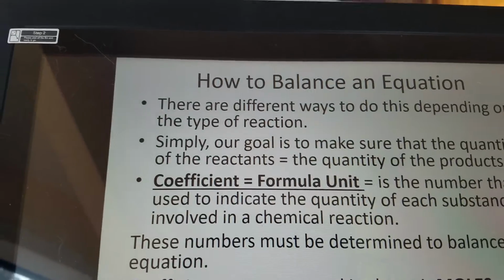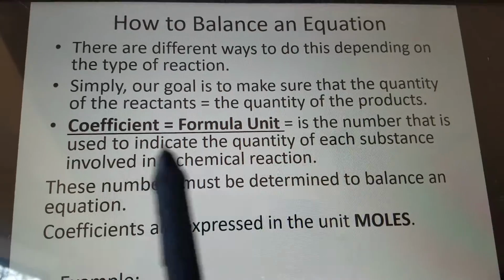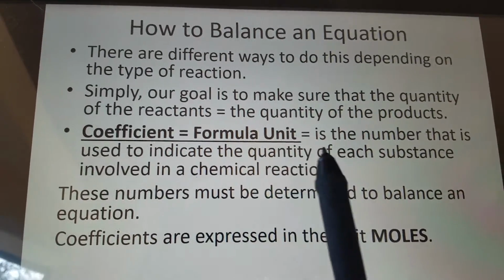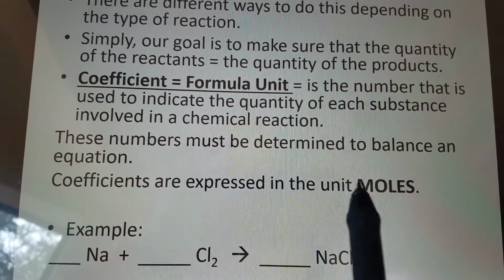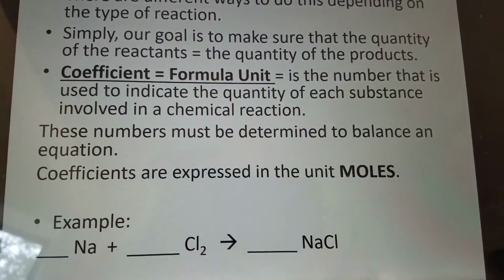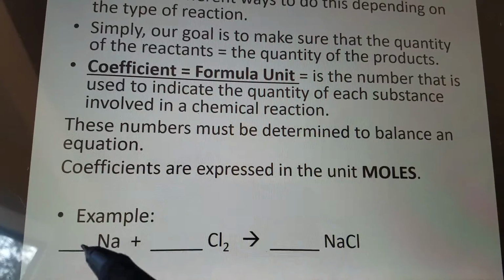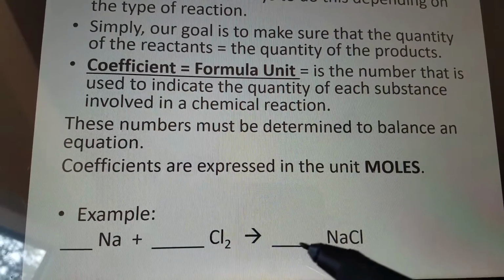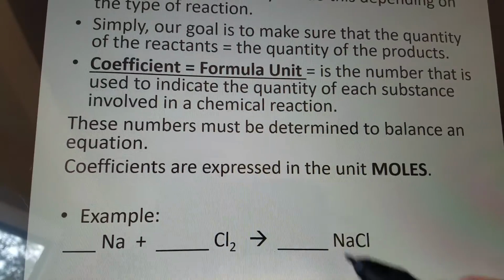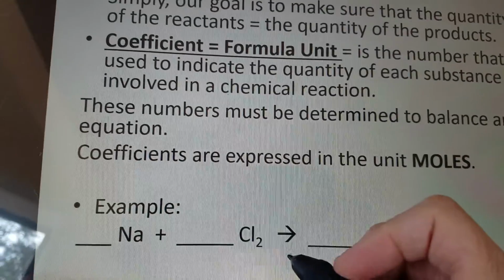The coefficients are referred to as the formula unit also. They do represent mole values. So when you're doing these, in order to balance an equation, you're going to put numbers in front to indicate quantities of each of the substances in this reaction, and you want them to equal each other on both sides.